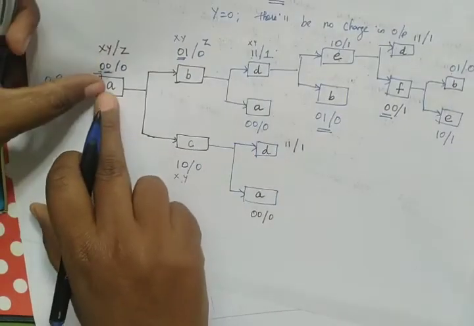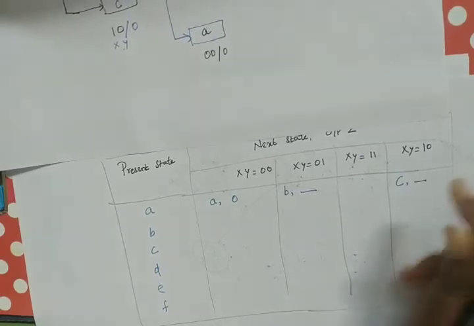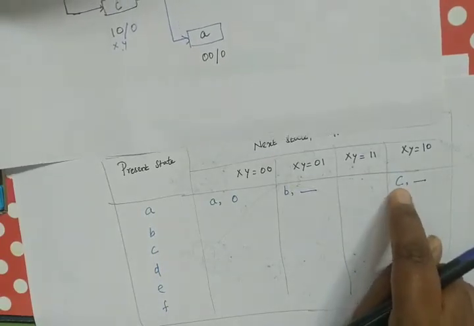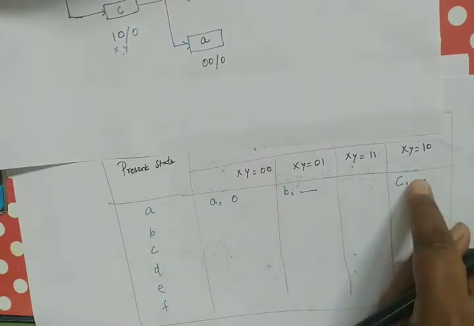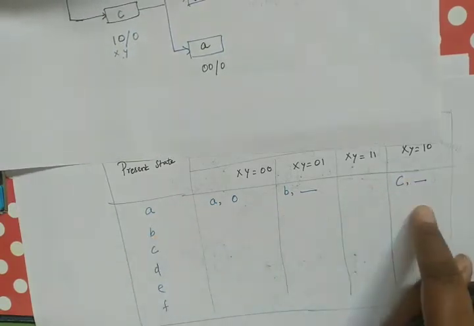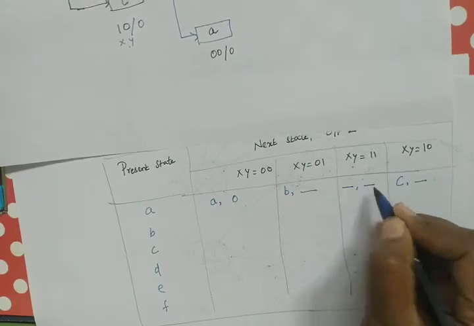Then A will go to C when it is 1 0, and here we should not write the output because this is another state. And A is not going to 1 1 anywhere, so we represent dash dash.